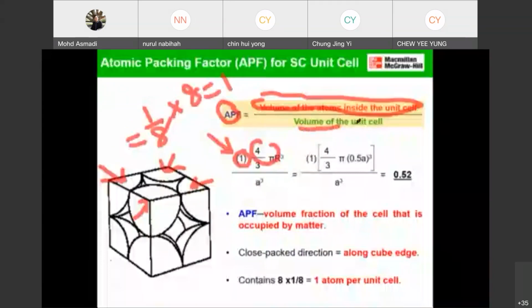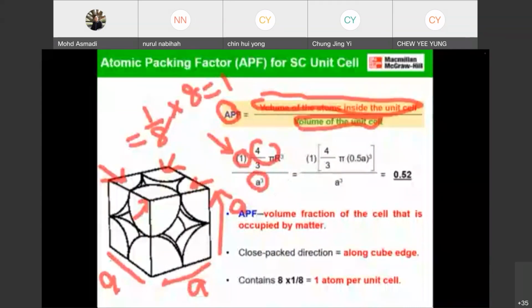Okay, so divide by the volume of the unit cell, meaning the volume of the cube. This one is A, this one is A, and this one is A. A times A times A, so it is equal to A to the power of 3.